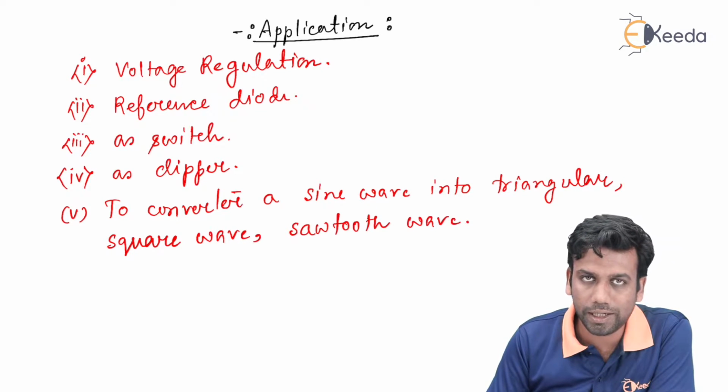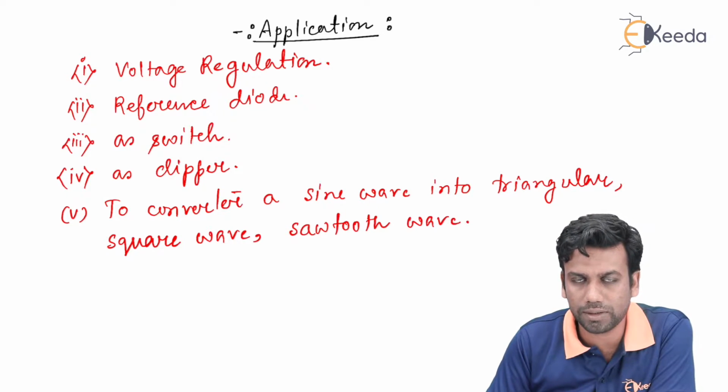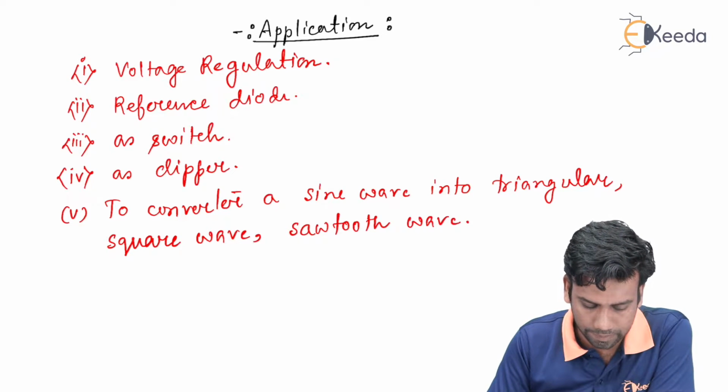That is why the Zener diode can also be called a signal converter, which can convert one form of signal to another form of signal.